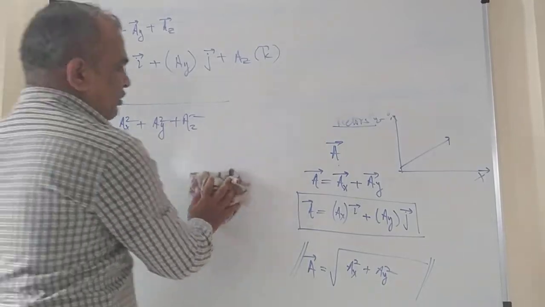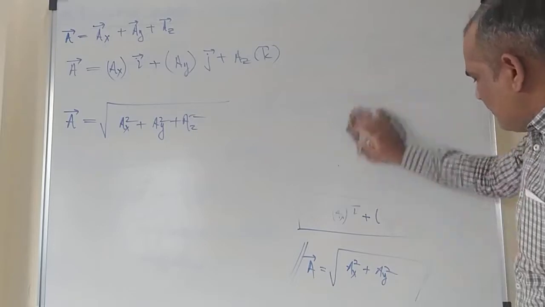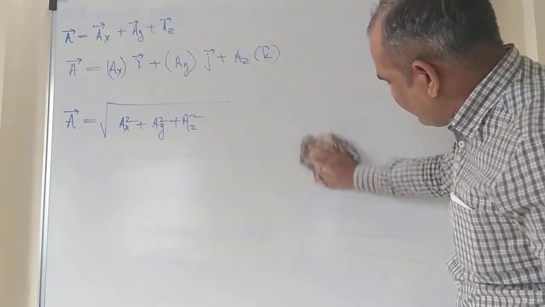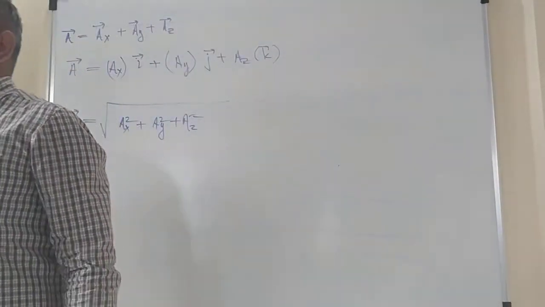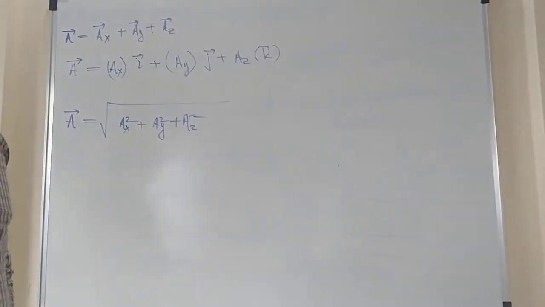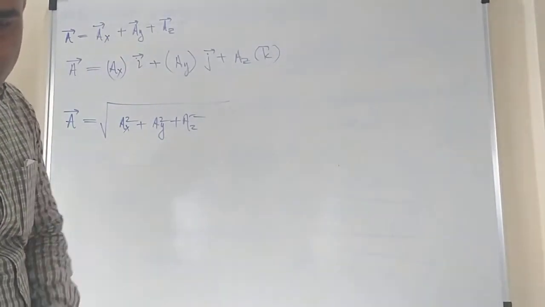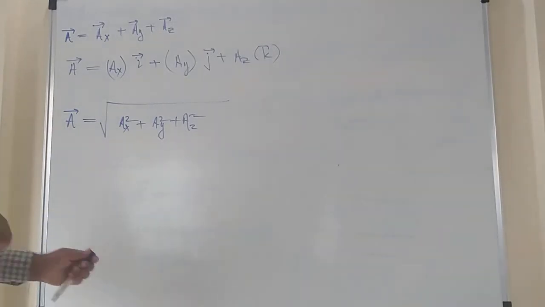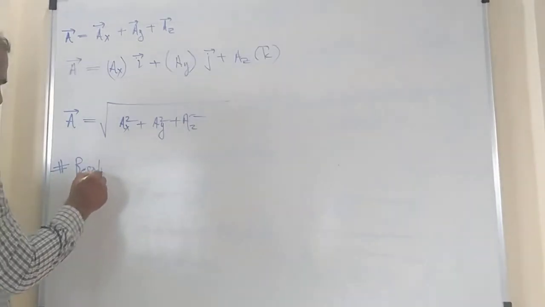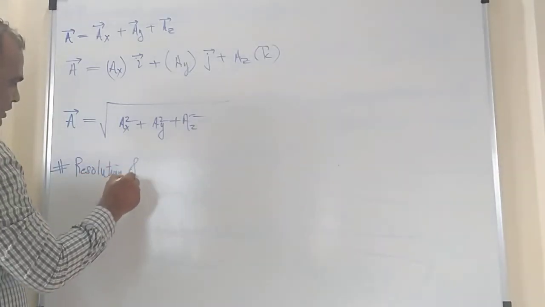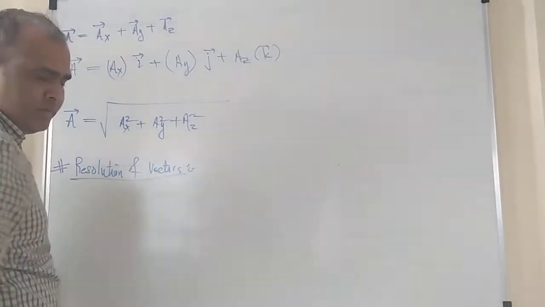Now what is meant by resolution of vectors? If you plot a graph of x against y for a particular vector quantity, that gives you the resolution of a vector along the x-axis and y-axis. This is called the resolution of a vector. So let us study it in three dimensions.